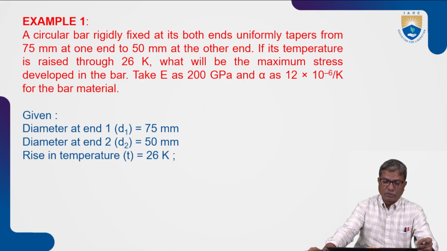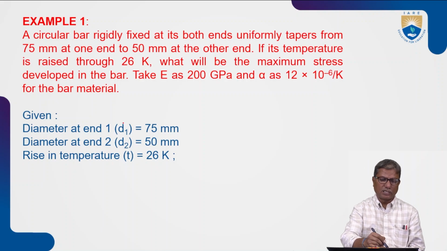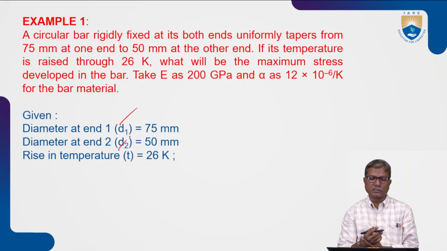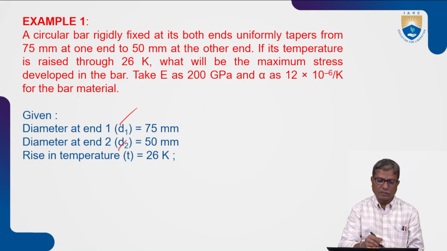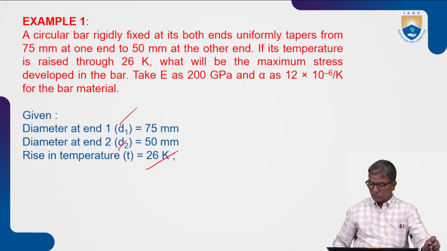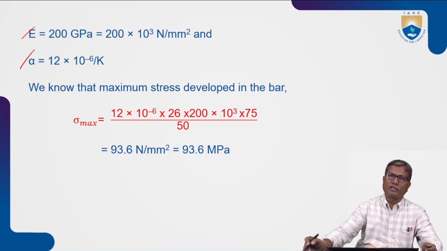Okay. So what is given in this? The diameter at one end is 75, the diameter at the other end is 50, and the temperature rise is 26 degree Kelvin. Young's modulus and the material constants are also given.